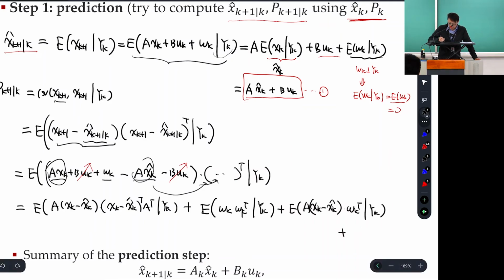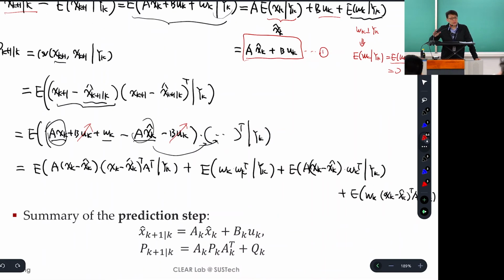And plus the expectation of omega k times A xk minus xk hat transpose A transpose given yk, okay? Well, you should be able to write it down. It's very simple. It just takes some effort.